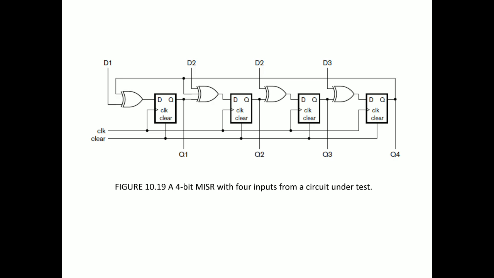This input will be compared with the signature. This is the construction, and this is the circuit of a multiple input signature register. Sorry, not shift register, this is a multiple input signature register.